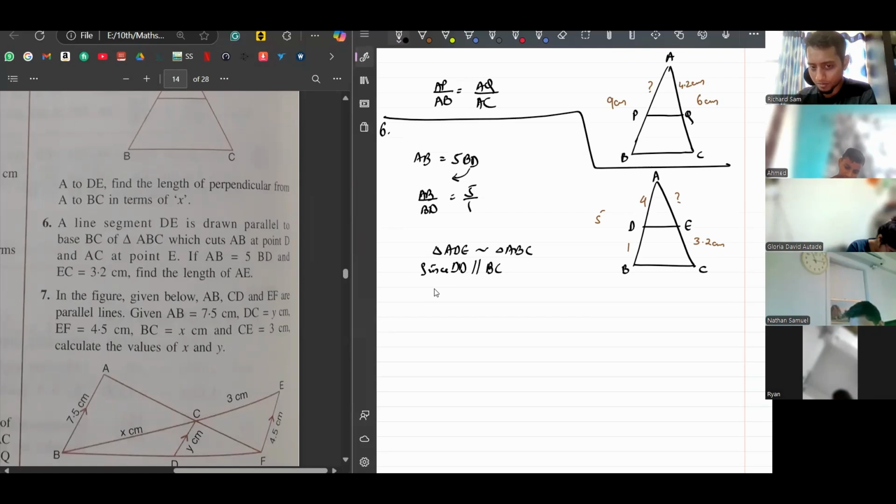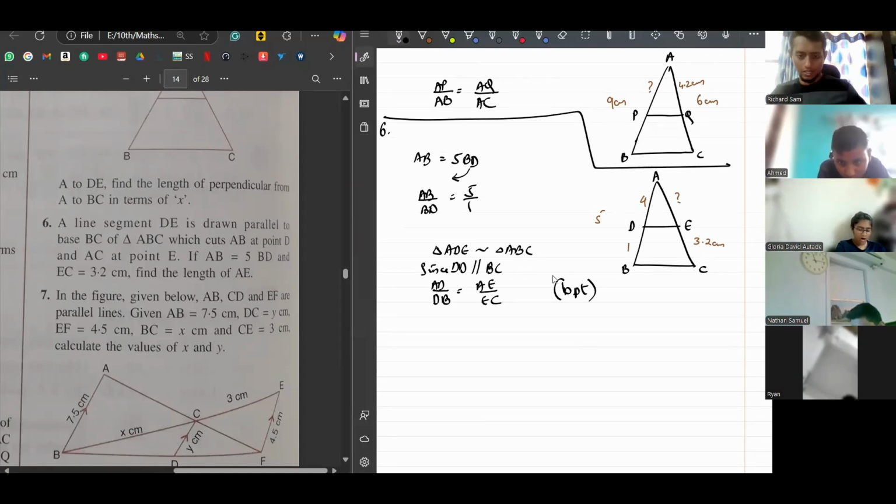The BPT theorem. AD upon DB is equal to AE upon EC. In bracket, you write BPT, basic proportionality theorem. You have all the values, substitute the values and find the missing value. Tell me the answer once you get it.